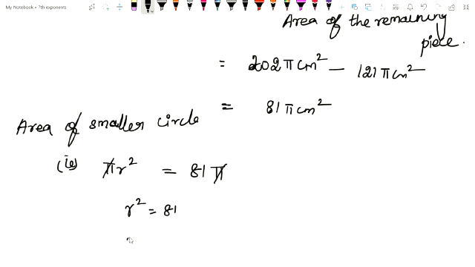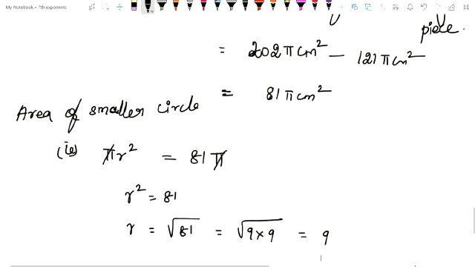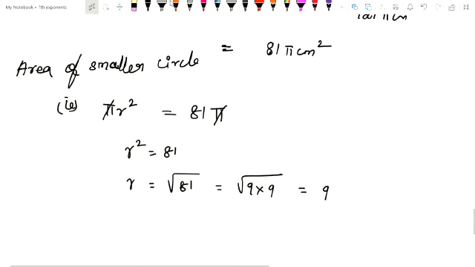I want to find R, so the square will change to square root. How can you split this? 9 into 9. In the square root, out of 2 we just take 1. So R, the radius of the smaller circle, equal to 9 centimeter.